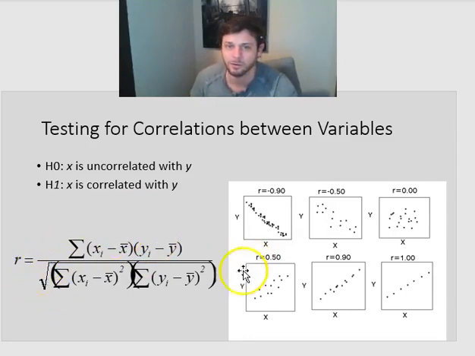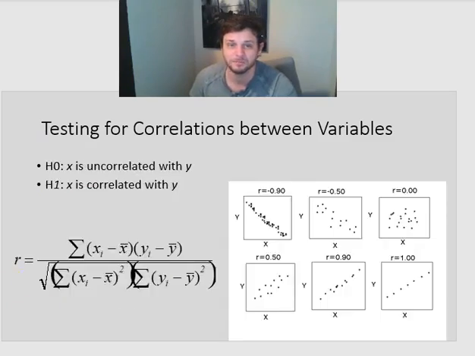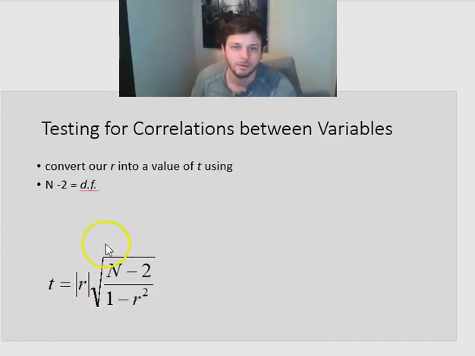You're going to take the square root of the difference between your x sample minus the mean, squared, times the same for the y. Okay? For this, we're going to get a t value. So we get our r, and then we're going to calculate our t value from that r.